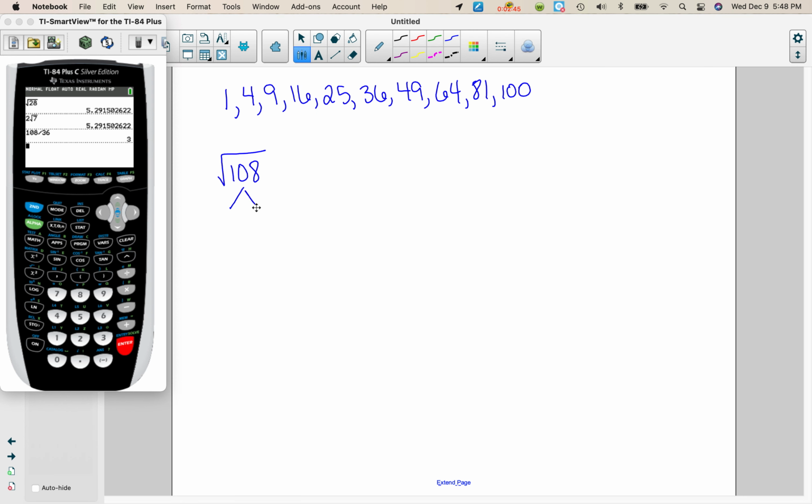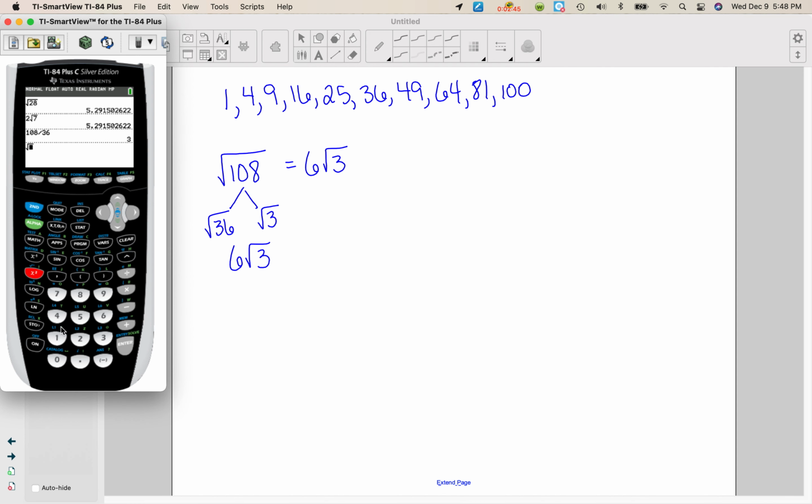So I'm going to break this down to the square root of 36 times the square root of 3. The square root of 36 we know is 6, so we get 6 root 3. Again, you can double check by taking the square root of 108 and comparing that to 6 root 3, and you'll know you're right.